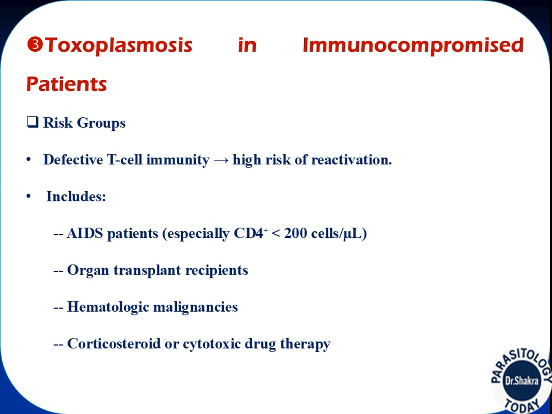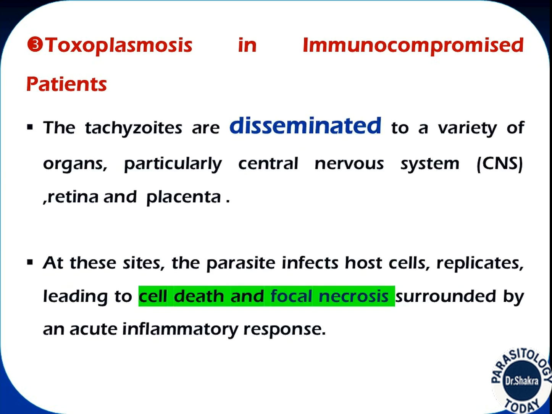Now let's move to how the disease develops in these patients. In immunocompromised hosts, the tachyzoites, the rapidly multiplying forms of Toxoplasma, become reactivated from dormant tissue cysts. Once reactivated, they disseminate widely throughout the body, but they have a particular affinity for the central nervous system, the retina, and the placenta.